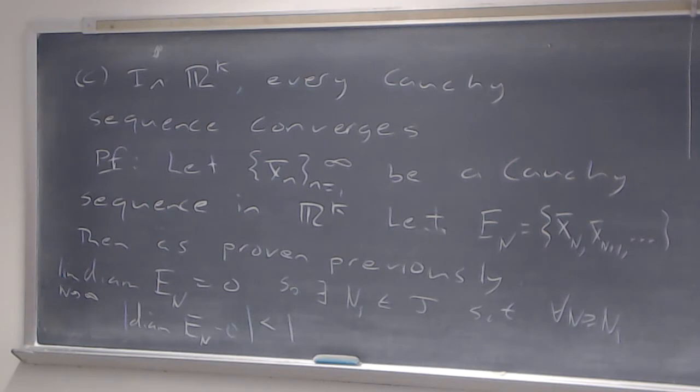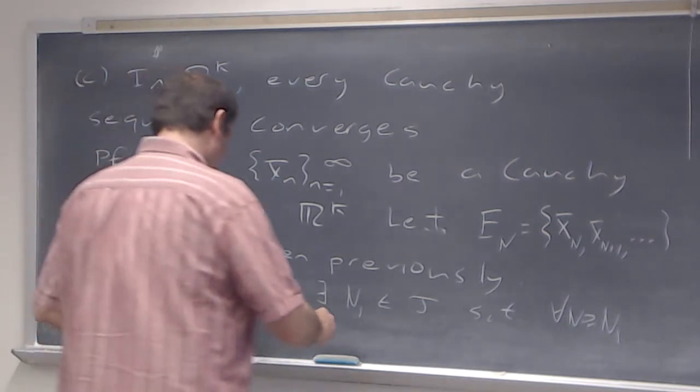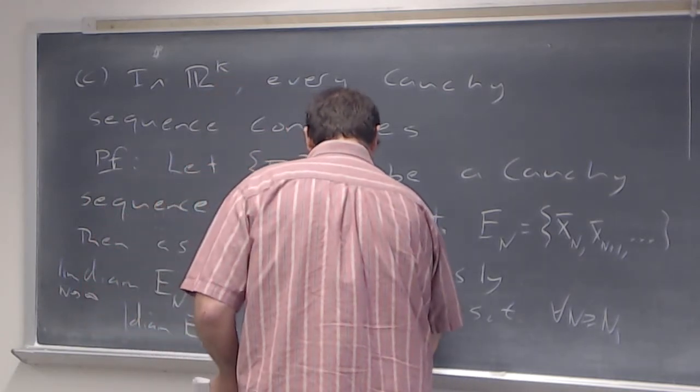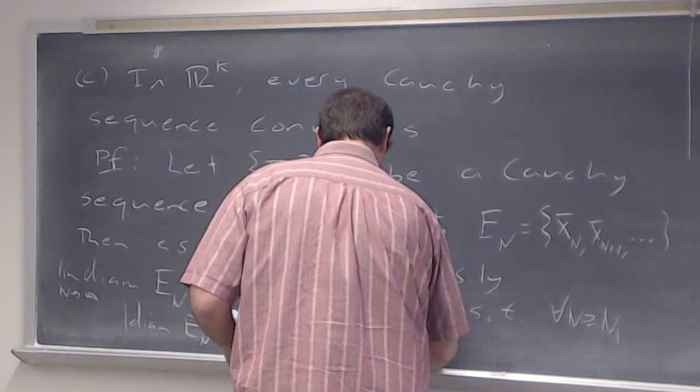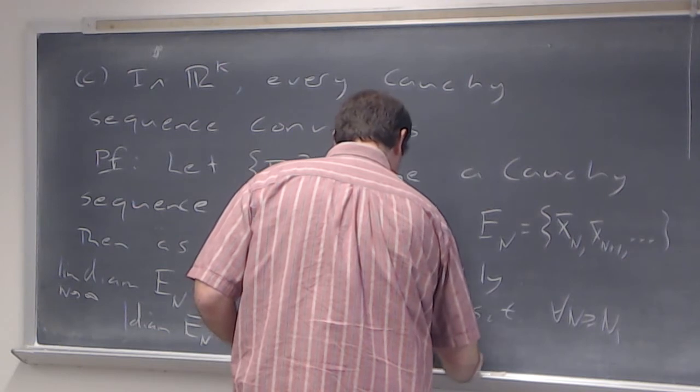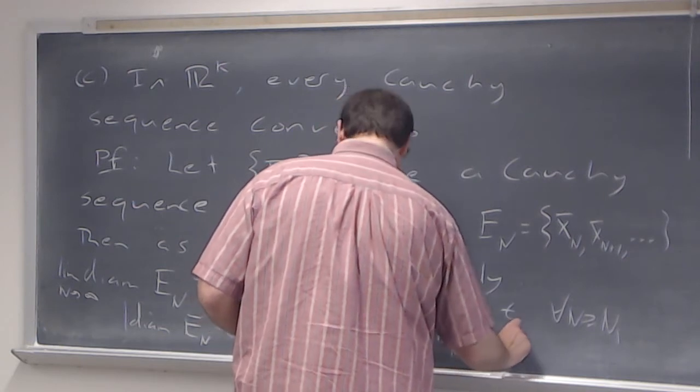So, in particular, the diameter of E sub n sub 1 will be less than 1.